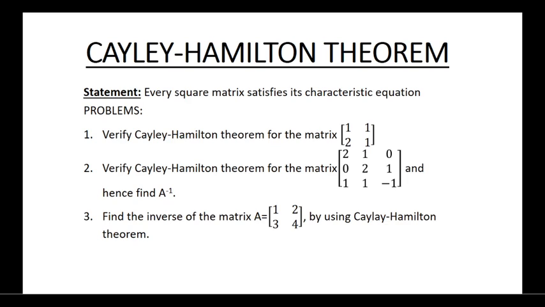Any expression of the form a_m into lambda to the power of m plus a_(m minus 1) into lambda to the power of m minus 1 plus so on plus a_1 into lambda plus a_0. Here a_(m minus 1), a_1, a_0, all these are matrices of the same order.